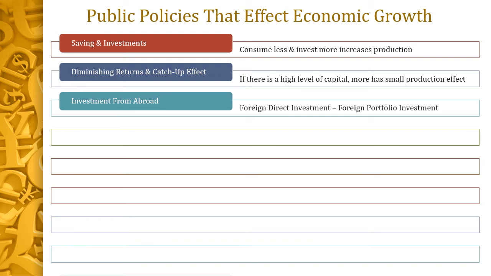So a Japanese automaker decides to go to Mississippi and build a factory in Mississippi. That factory is owned by the Japanese company, but the economy in Mississippi is going to have the effect of the economic growth from the jobs and the other inputs that come in there. So that would be a foreign direct investment because they're coming directly into the company.